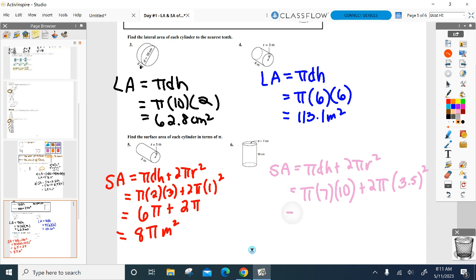All right, 70 pi on the left. And then what are we getting over here? I have no idea. 24.5 pi. Because I got to leave my answer in terms of pi. So we end up with, you can combine those, 94.5 pi. What's it, centimeters squared?